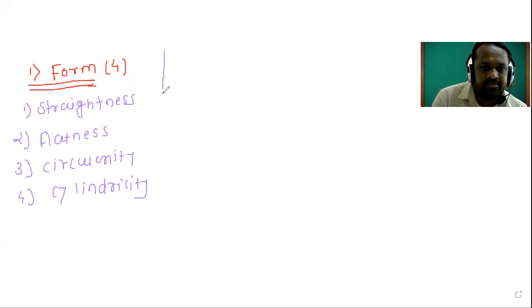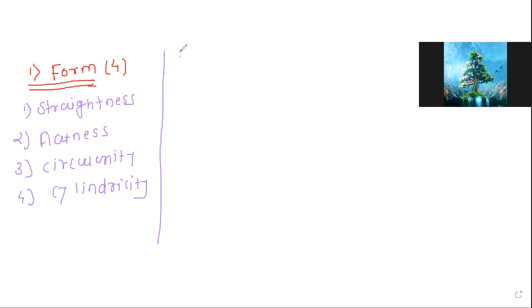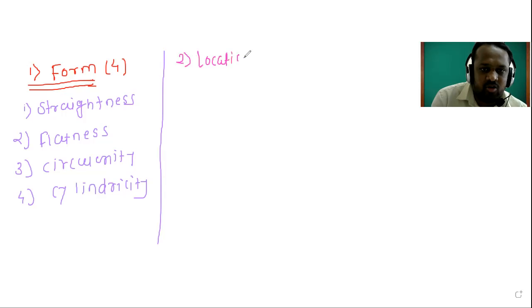Next type is location. In that location, how many characteristics are there? 3 characteristics.